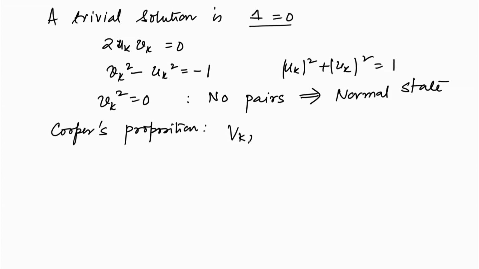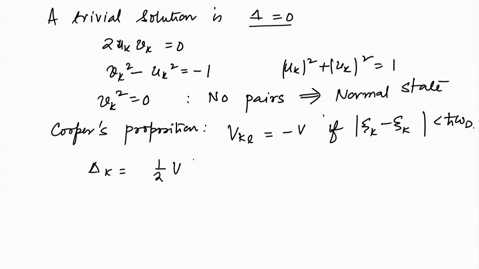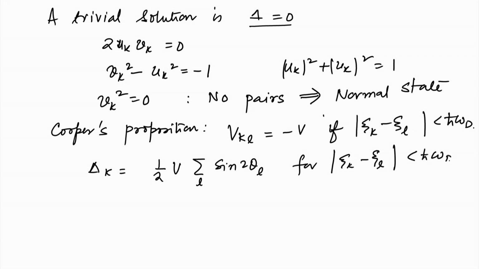That V_kl equals minus V if |ξ_k minus ξ_l| is less than ħω_D. Thus, delta_k equals half V sum over l of sin 2θ_l for |ξ_k minus ξ_l| less than ħω_D, equal to 0 otherwise.